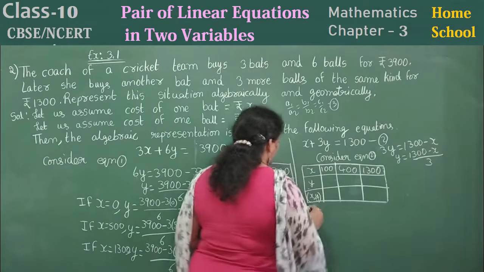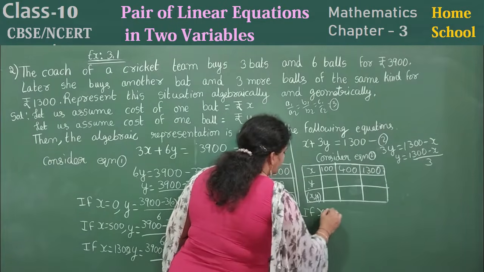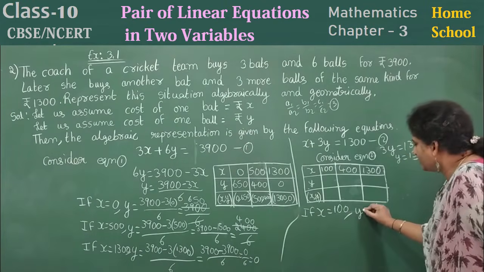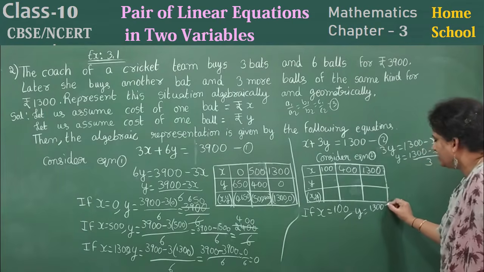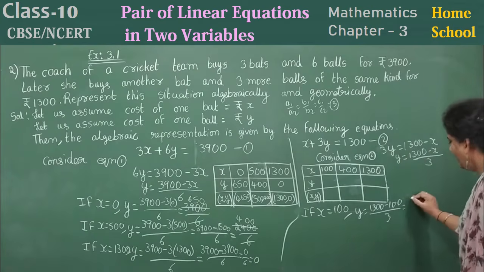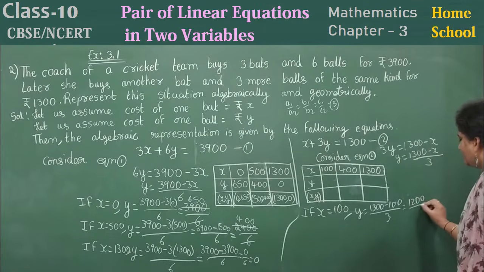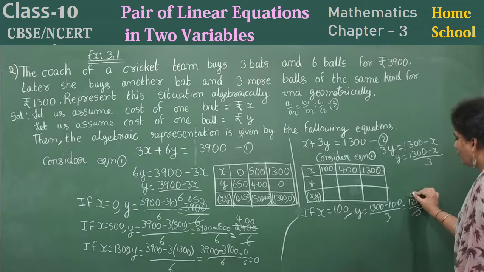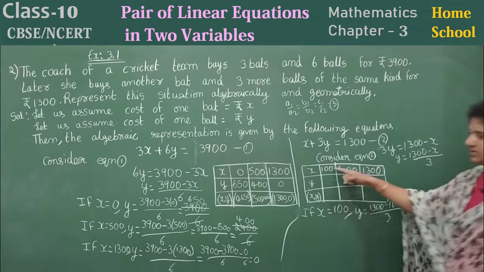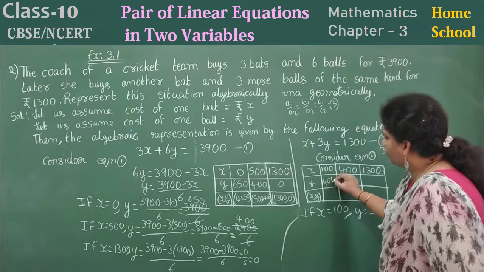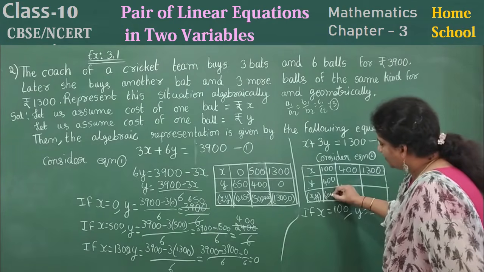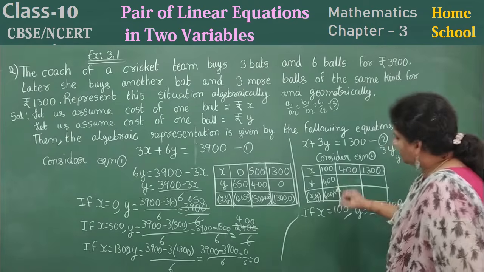So now let's take first, if x is equal to 100, let's substitute in this. That is y is equal to (1300 minus 100) by 3. That will be 1200 by 3. If you cancel, 3 fours are 12, so that will be 400 is your answer. If x is equal to 100, y is equal to 400. So your coordinate will be 100 comma 400.